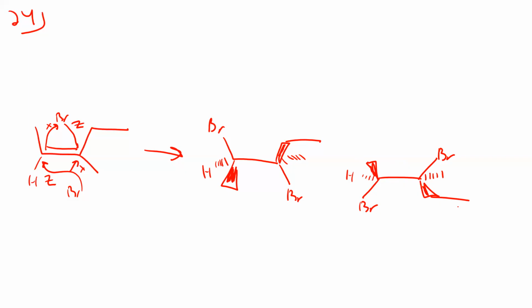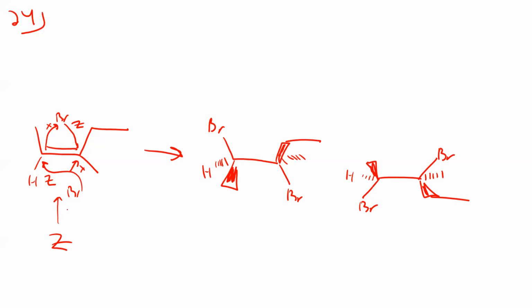All right, so that's it. Let me see. Oh, the configuration of the alkene is Z. So we're going to press Z, because this is in the Z configuration.